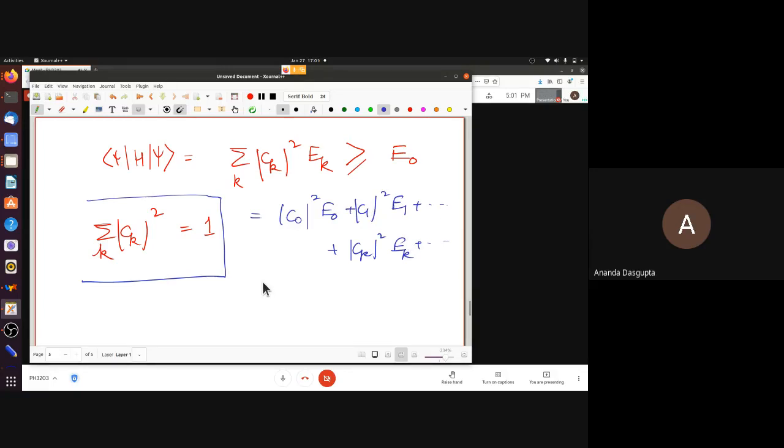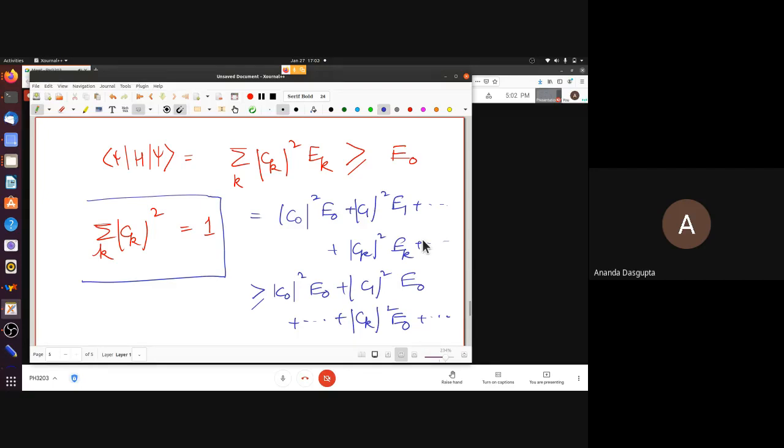So if I were to replace every one of the E_i's, every one of these, E0, E1, E2, E3, by E0, one thing is sure, the quantity here cannot go up, right? It can only go down. At best, it can stay the same.